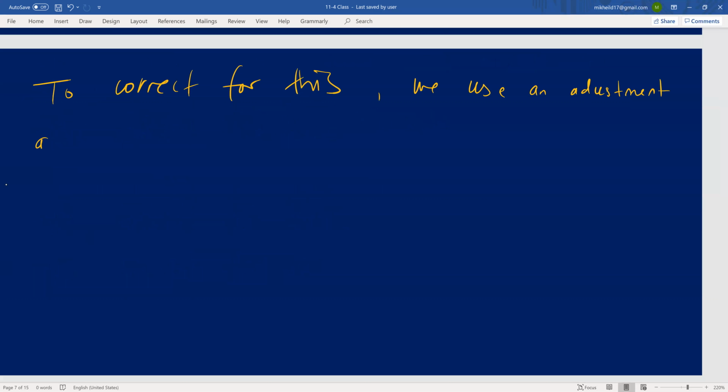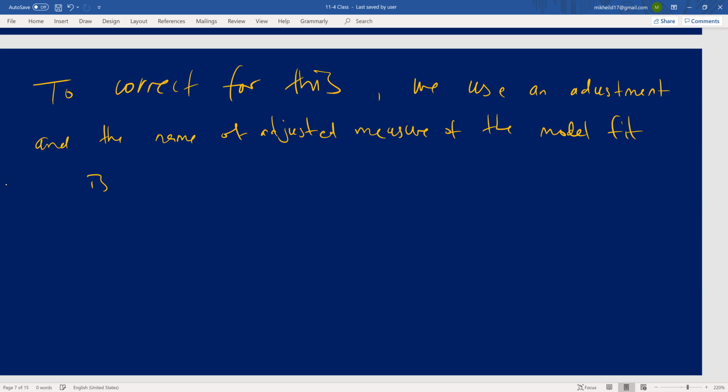And the name of the adjusted measure of the model fit is the adjusted R squared. Sorry, guys.